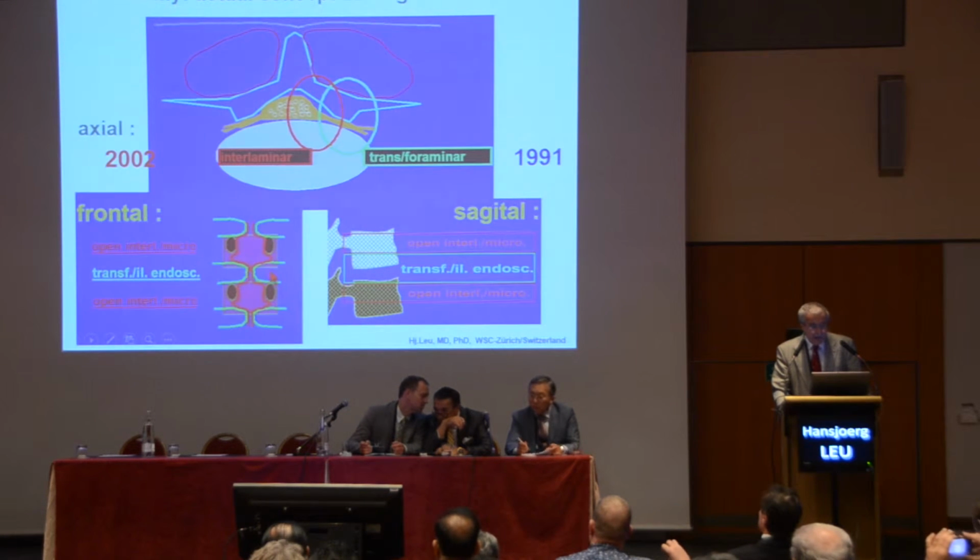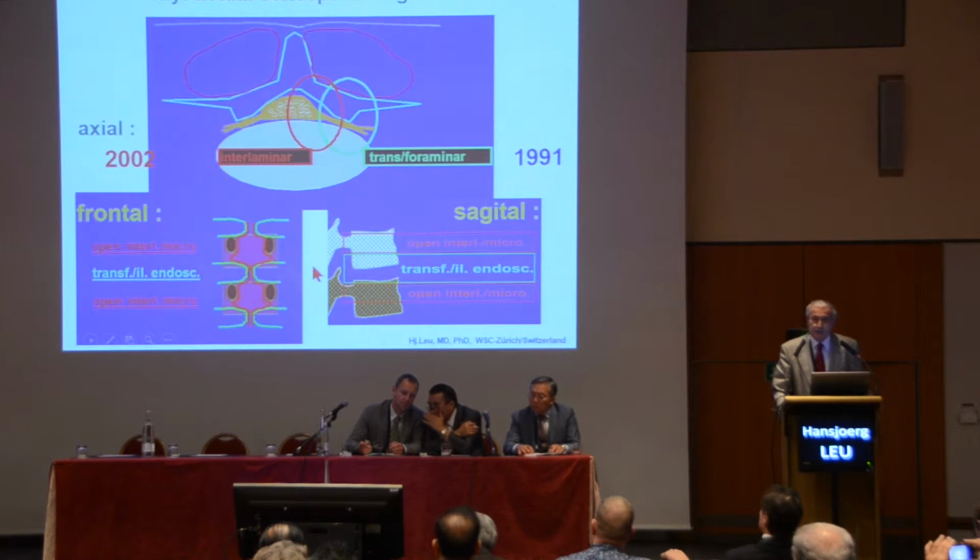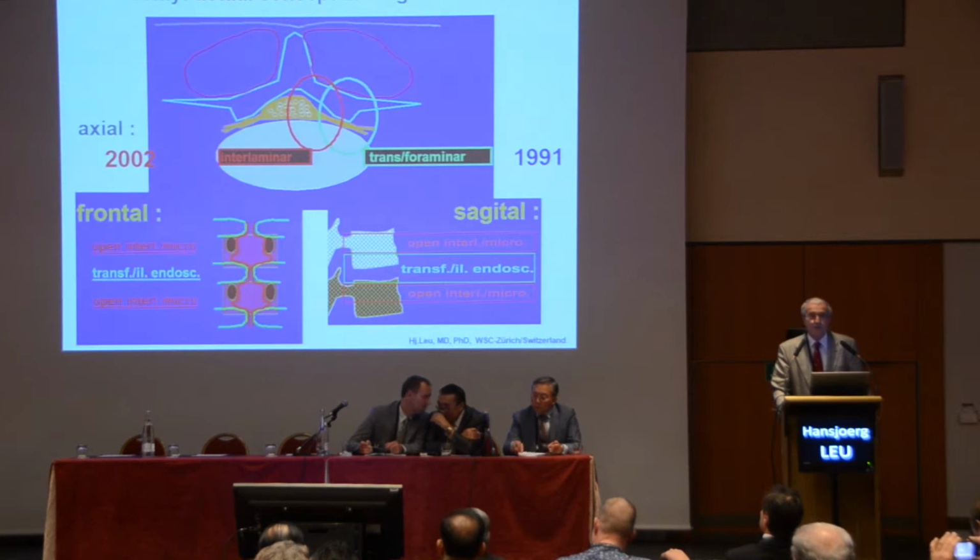And with the transforaminal approach, you can expose the whole lateral foramen. It's a broad application, but here too you have to make sure that you don't do harm. So the learning curve here is also crucial to do the good things.